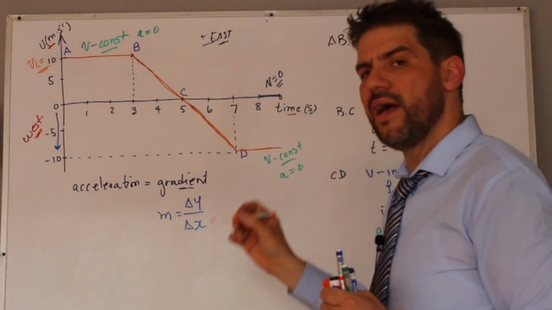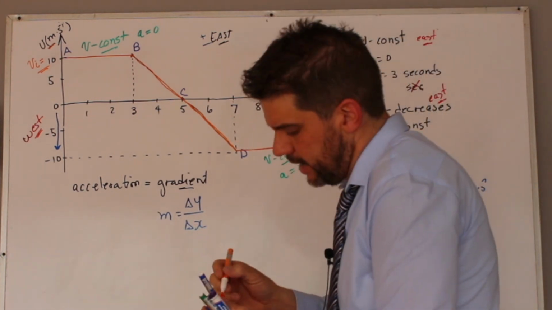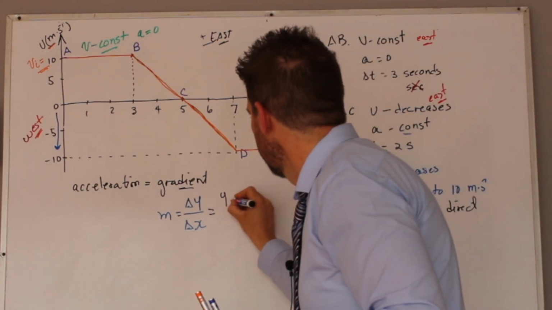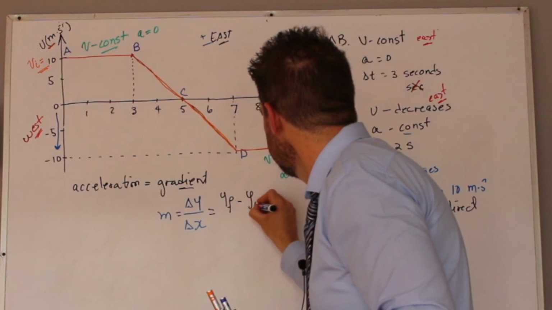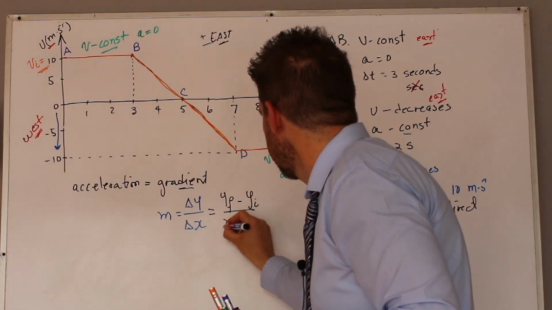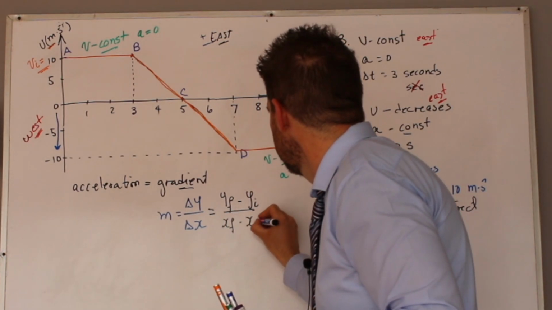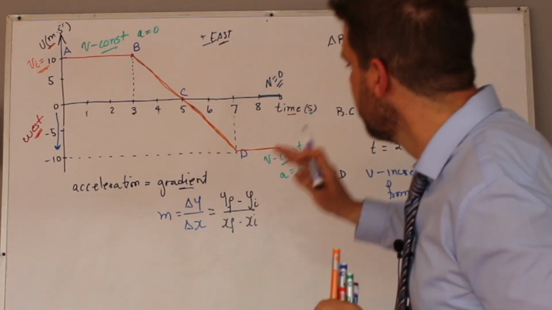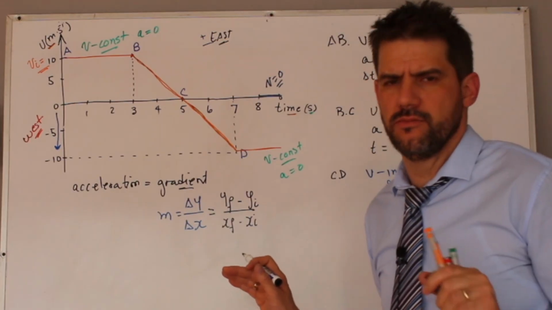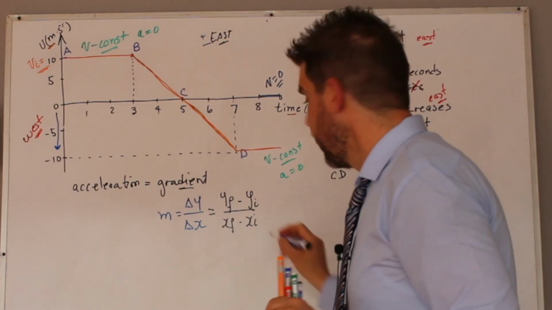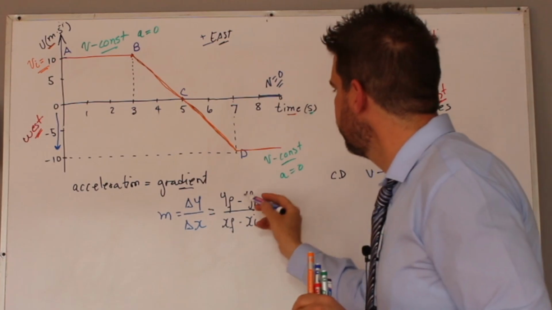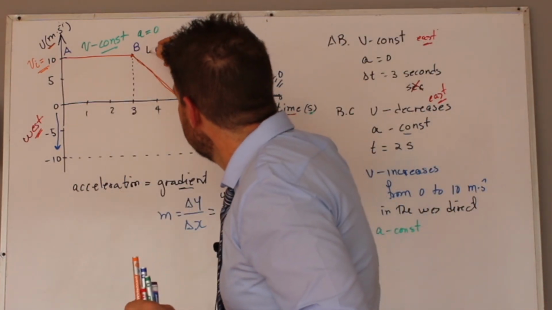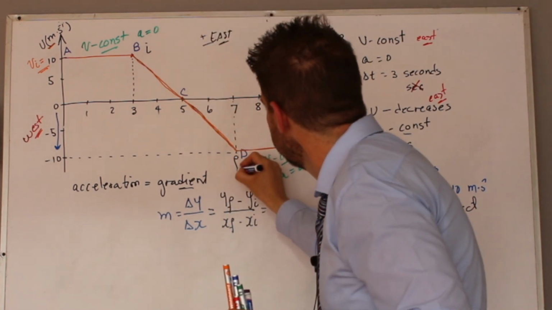All right, so what is final? Okay, let's continue. m is equal to final y minus initial y, divided by final x minus initial x. Let me tell you, 100% sure this is going to be in the exam tomorrow. So now, let's see which one is final y. You go to the y-axis. You start in here. This one is initial. This one is final.